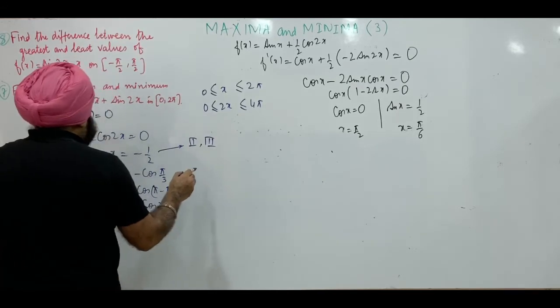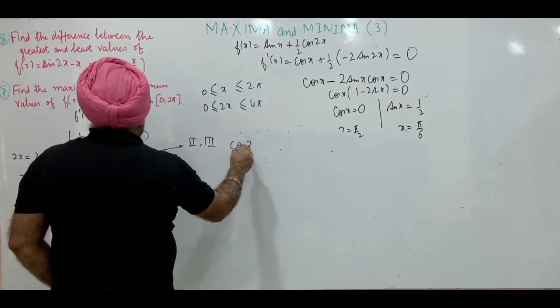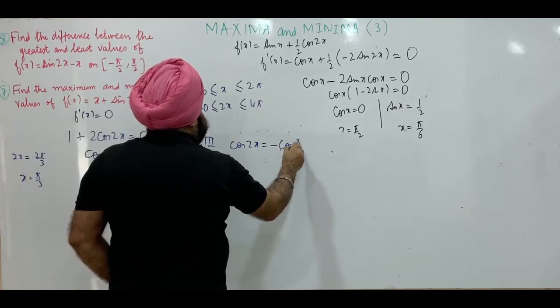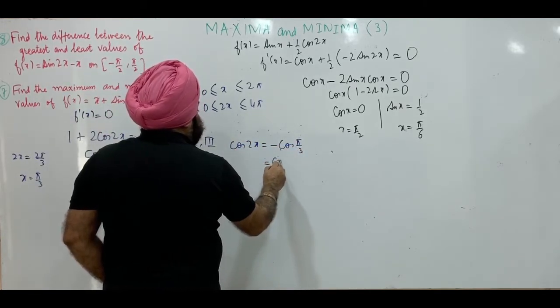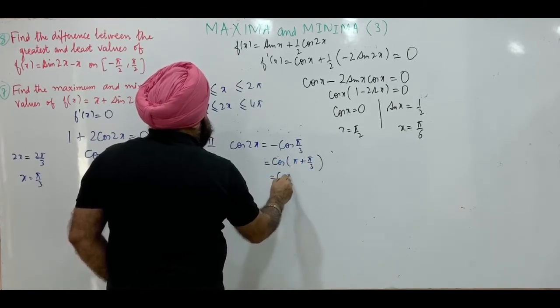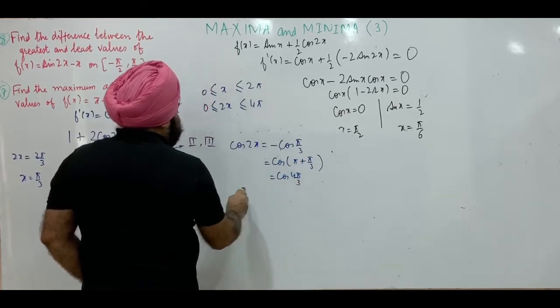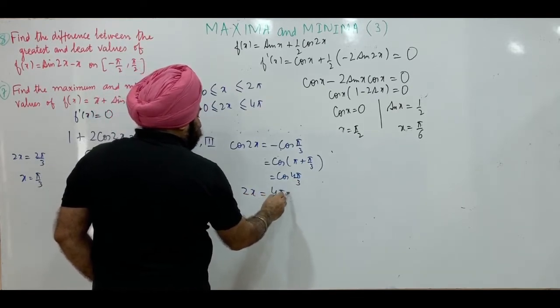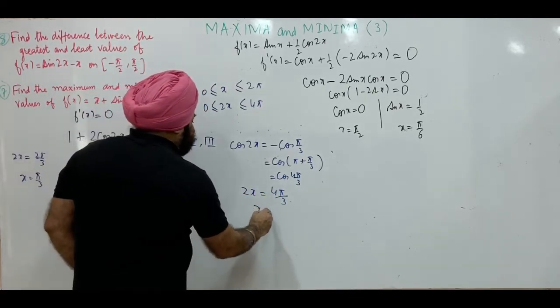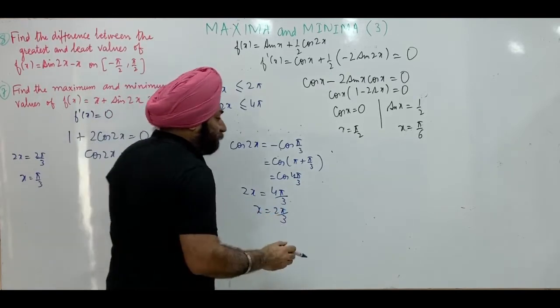Next value, we solve cos of 2x is minus of cos of pi by 3. This can be written as cos of pi plus pi by 3, which is cos of 4 pi by 3. This gives us 2x equal to 4 pi by 3 and x is 2 pi by 3.